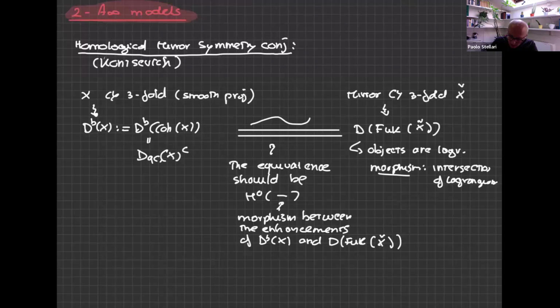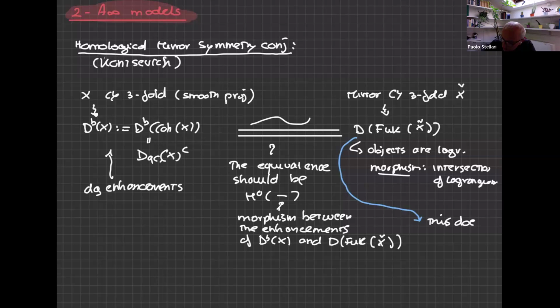Okay. Of course, we know already that on this side, we can take DG enhancements, by the previous discussion. But on the other side, this does not have a natural DG structure, but does have a natural infinity structure.